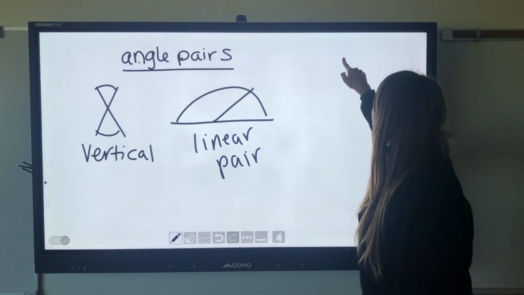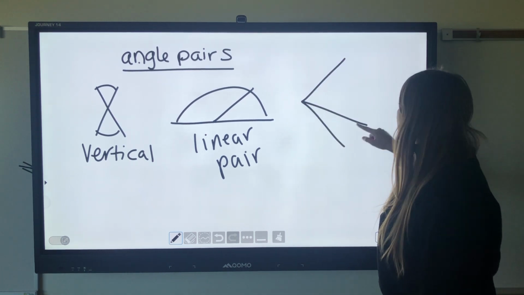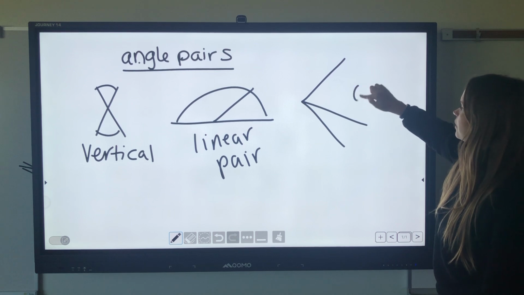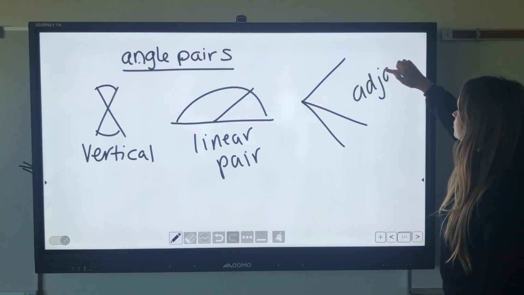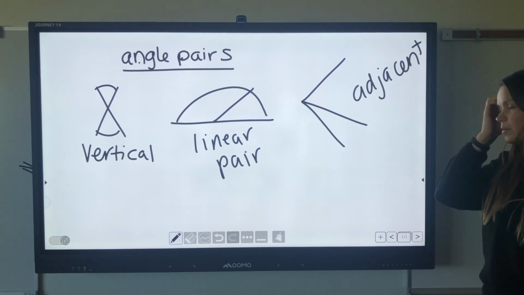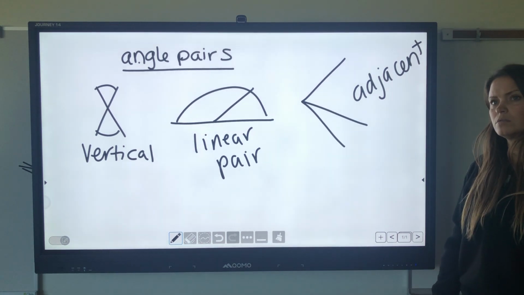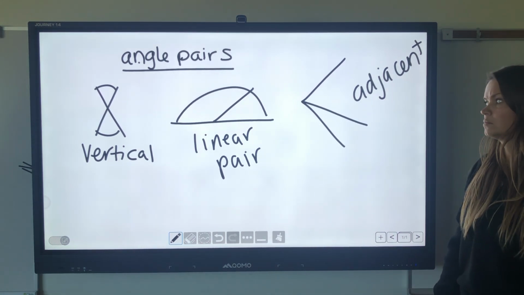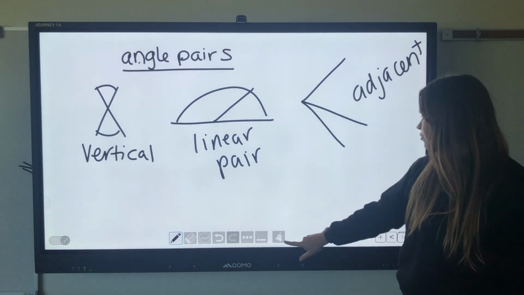When they look like that, they share a side. That's called adjacent. What else do we have? That's all I can think of right now.